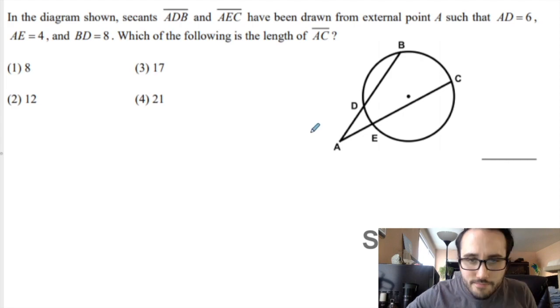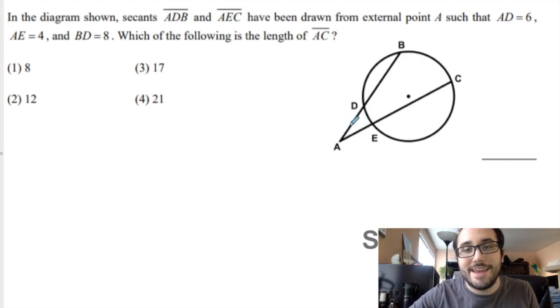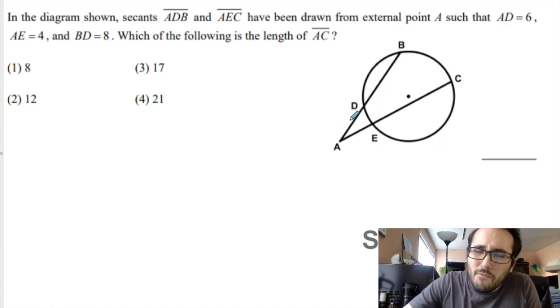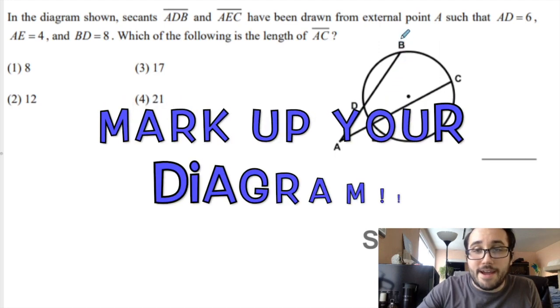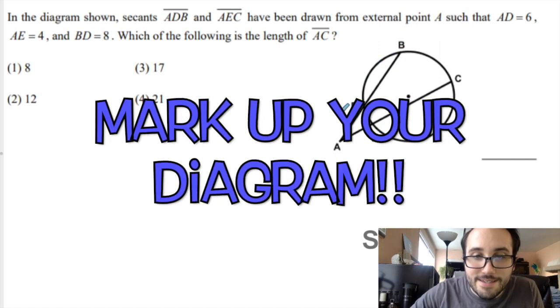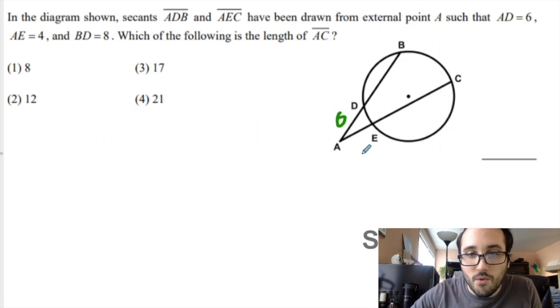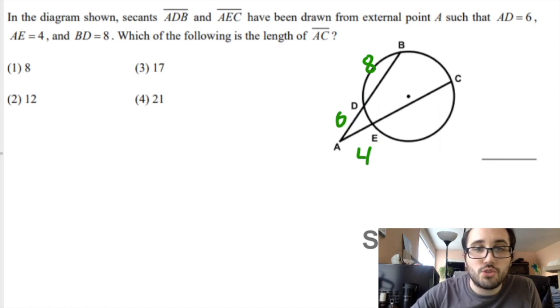Let's start with secant AB. But before we do that, what should I do? Yeah, mark up my diagram. AD is 6, AE is 4, and BD is 8. And we're trying to look for the length of AC, which is this entire thing.